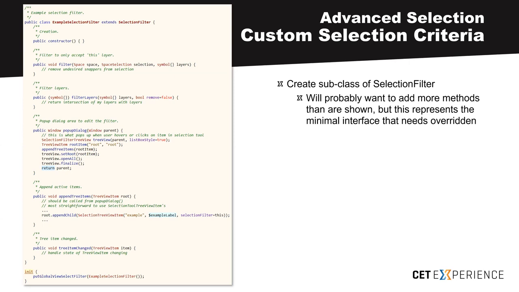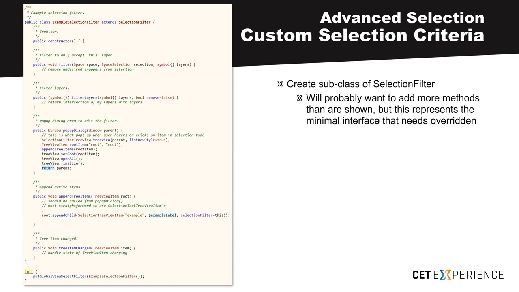One of them is selection filter tree view, and one of them is selection tree view item. I'd highly recommend using both of those classes if you go about making your own selection criteria. And the reason is that you get a lot of the toggling and the other things working out of the box if you use those two classes. So I'd highly recommend using those in your own customizations.